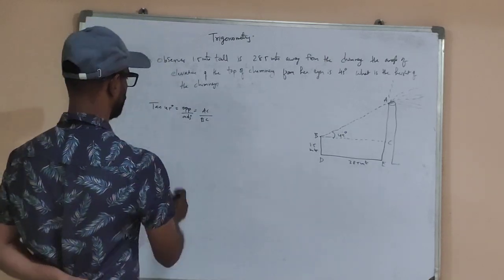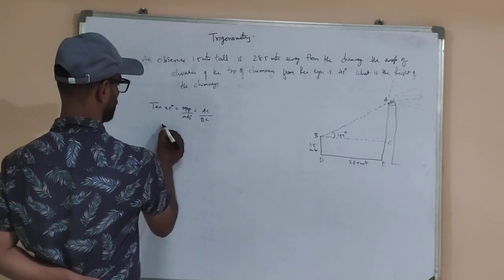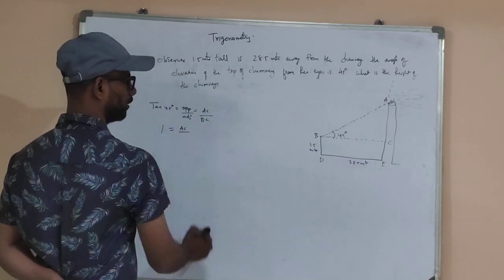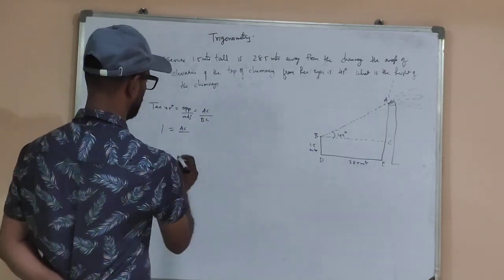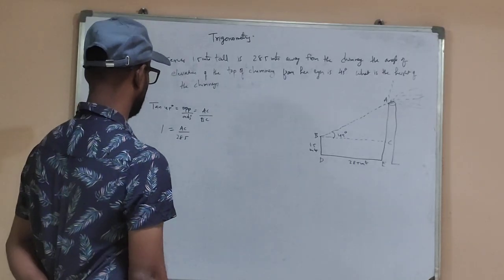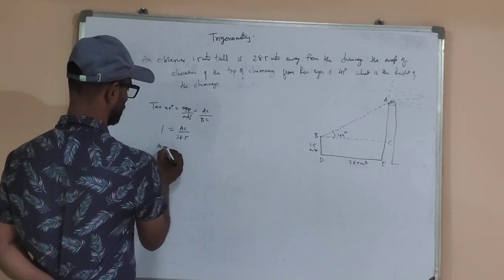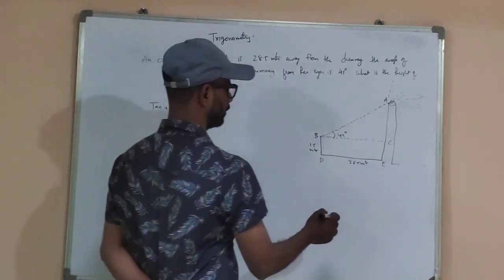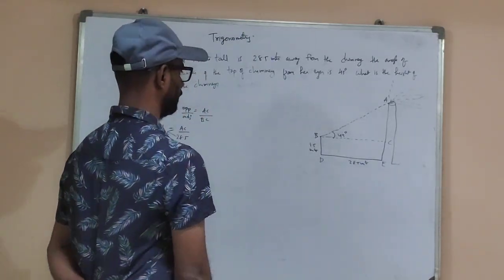The value of tan 45 is 1. So 1 is equal to AC by BC. BC is 28.5. By cross multiplication, AC is equal to 28.5.